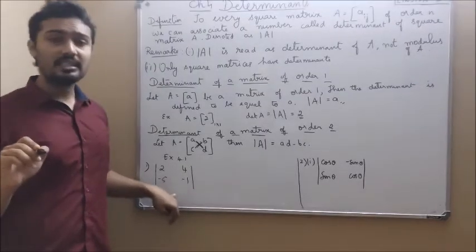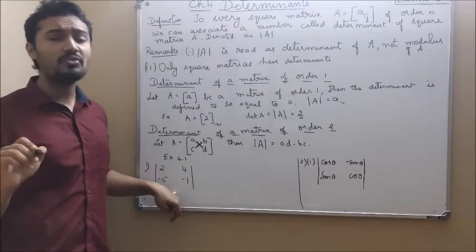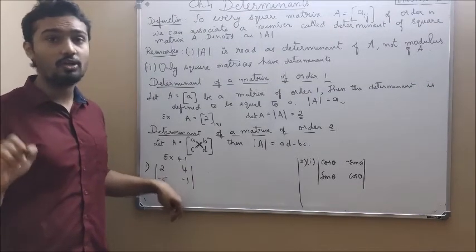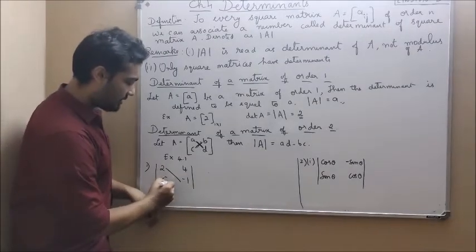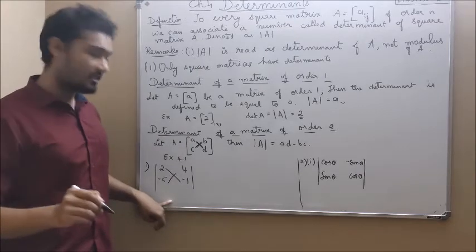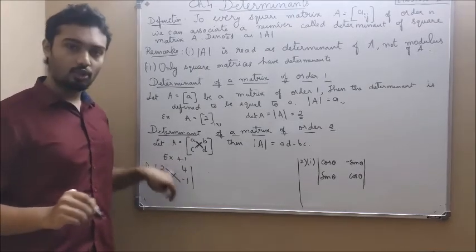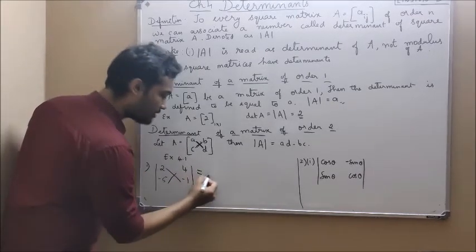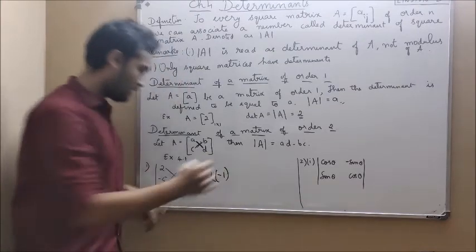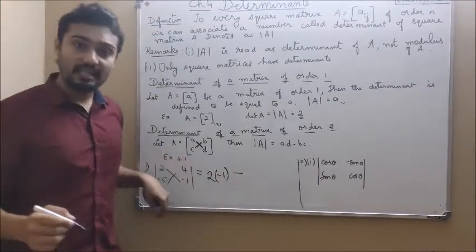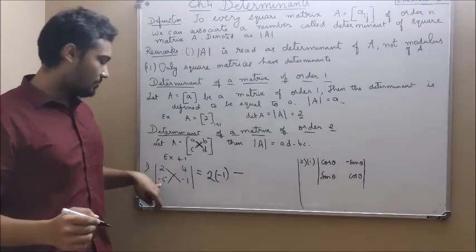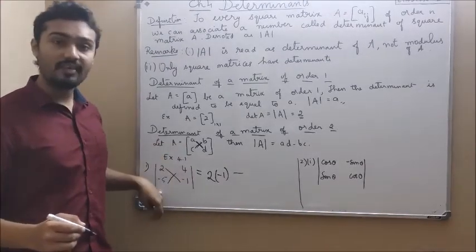Now this is the determinant. How to find the determinant of a square matrix of order 2? You multiply the diagonal and subtract. First 2 into minus 1, so the determinant is 2 into minus 1, then minus, multiply the other diagonal, minus 5 into 4.